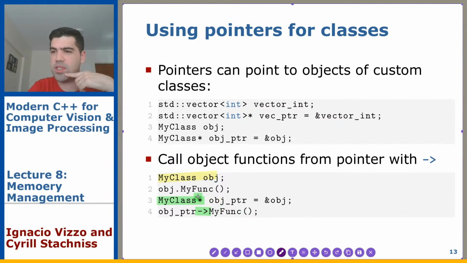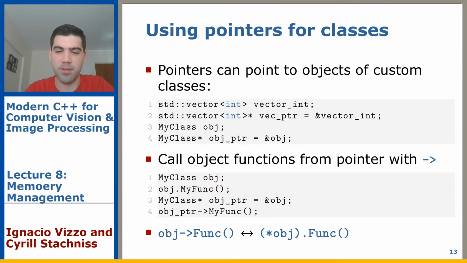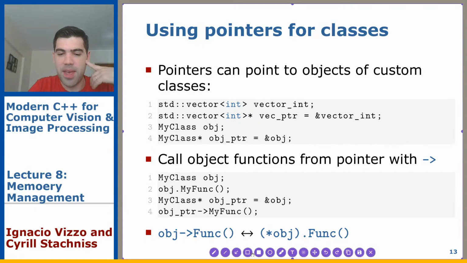So the syntax is slightly different, but behind the scenes it's the same idea. So this is nothing funky to worry about. Of course, this is basically what's going on. When you do this operation, what is happening behind the scenes is that you're dereferencing the pointer, the object here, and when you do this, you basically get the object.